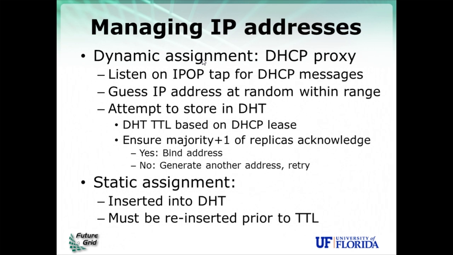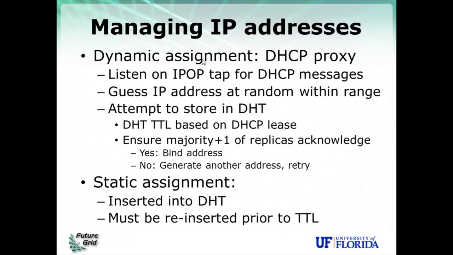One is dynamic assignment, where we have a DHCP proxy that understands DHCP messages, a DHCP request that comes in the IPOP tap device, and provides the functionality of dynamic address assignment without having a single centralized server. So how this is done is the node itself generates an IP address at random within the range of the DHCP configuration, and then it attempts to store it in the distributed hash table.